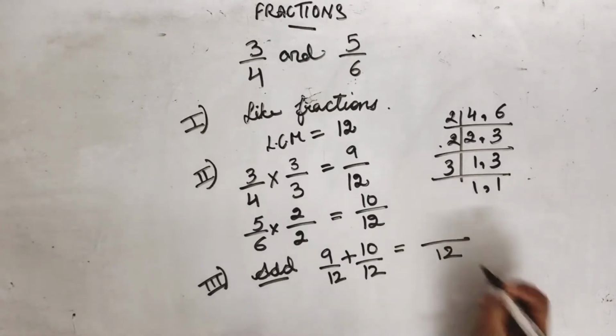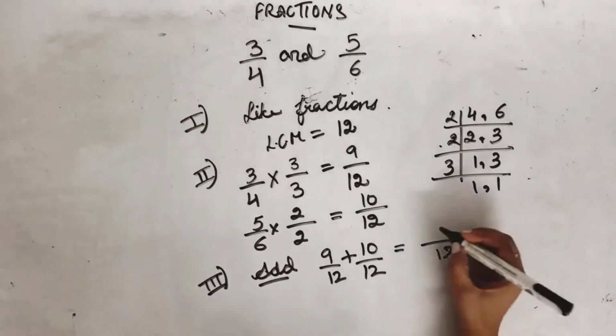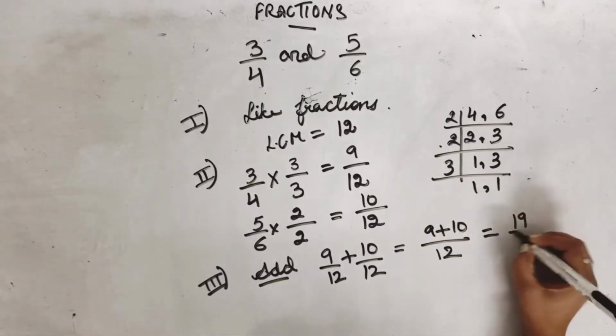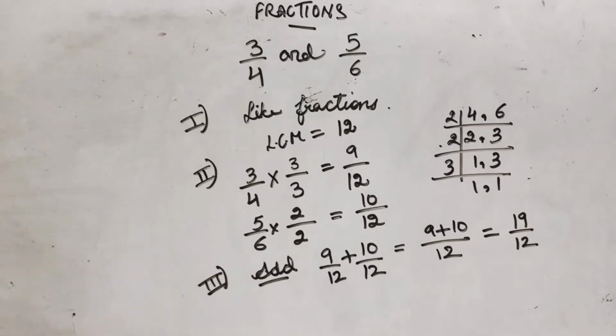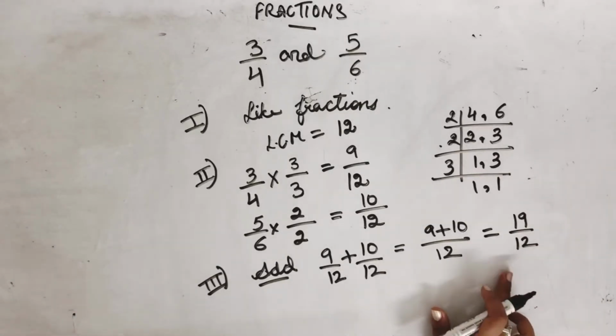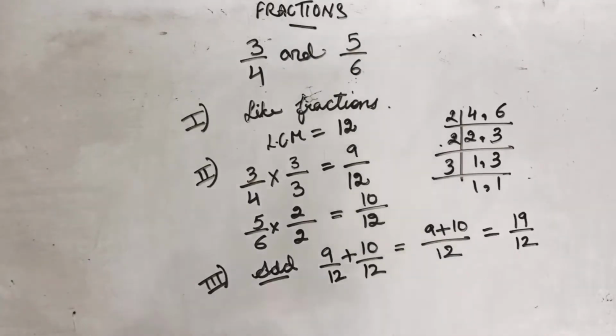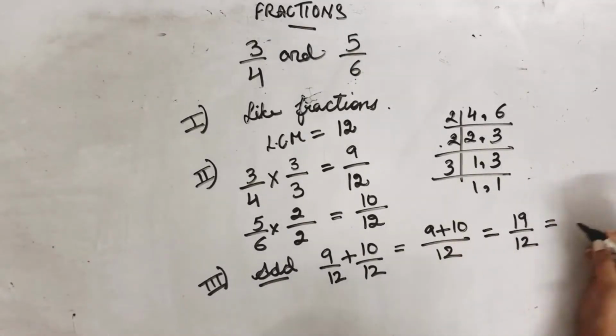So you can write 12 in the denominator and add the numerators. So it will be 19 by 12. Again it is an improper fraction. So you can convert it into mixed fraction. So it will be 1 integer 7 upon 12.